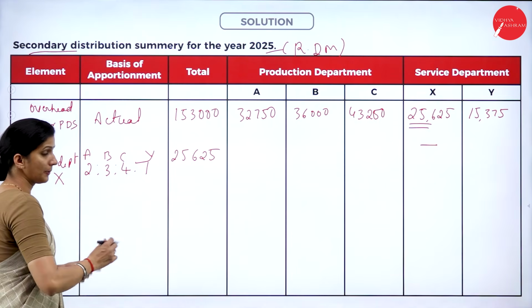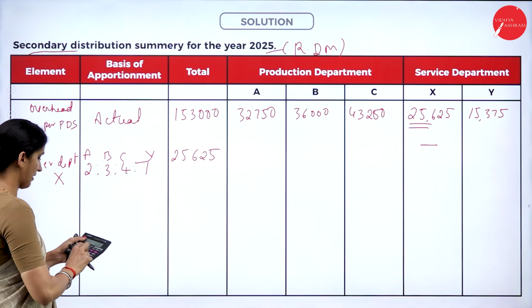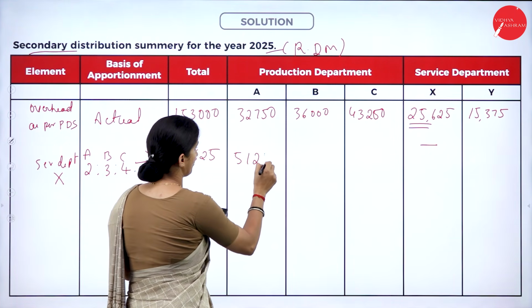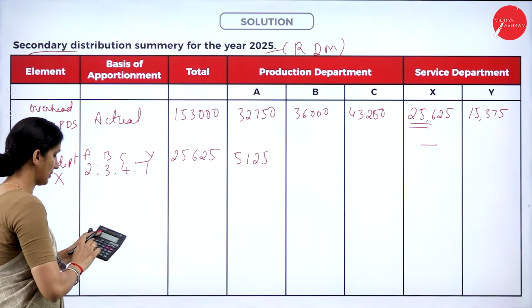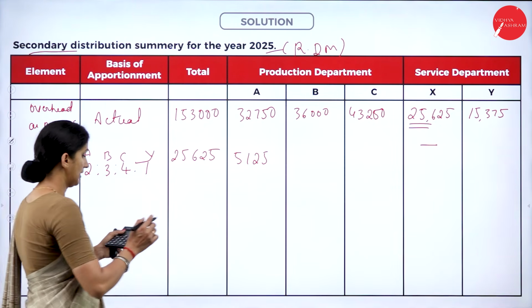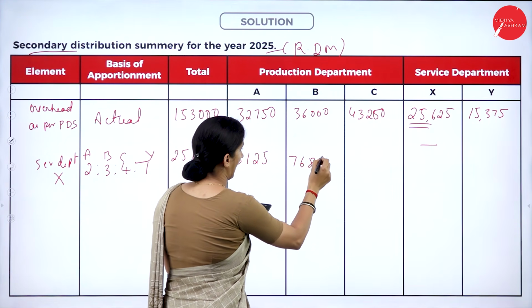So first for A, that is 25,625 into 2 divided by 10, it will be 5,125. Then for B, 25,625 into 3 divided by 10, it will be 7,688.